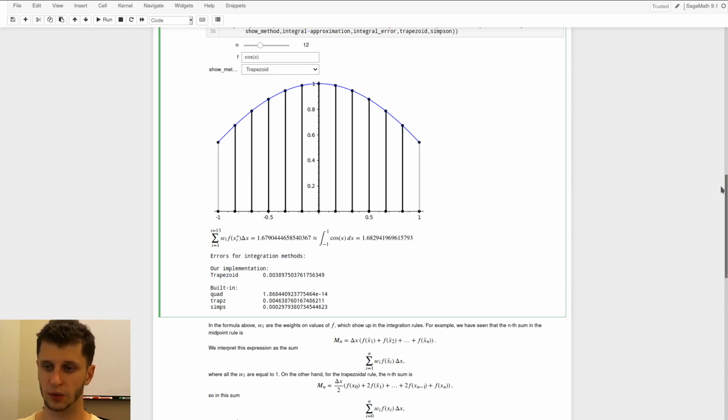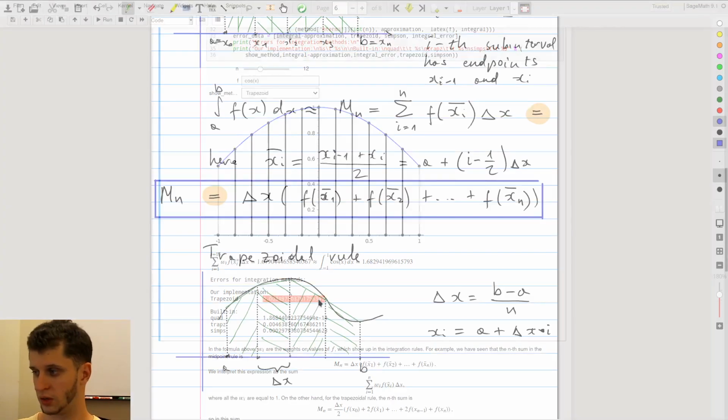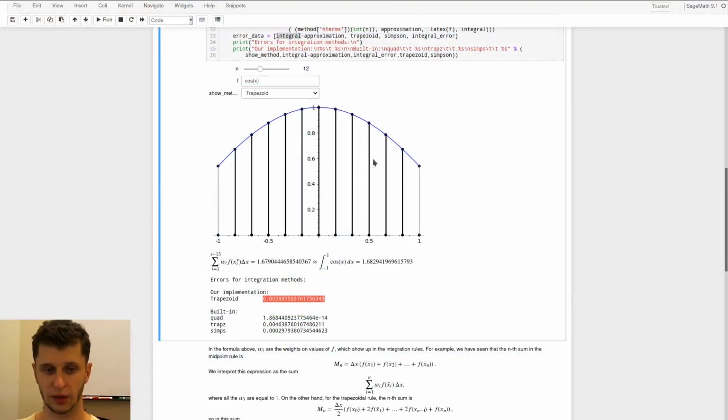What we are comparing is our implementation of the trapezoidal rule, done using the formulas from the course that you have seen. This error is compared with the built-in default method. Quad stands for quadrature.